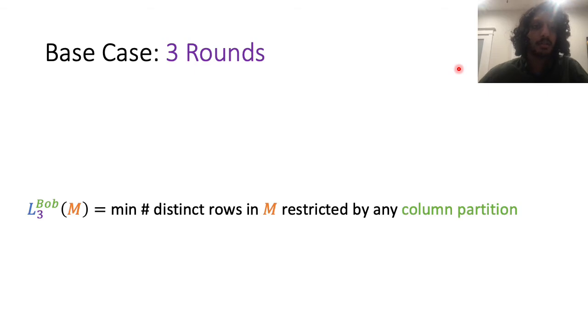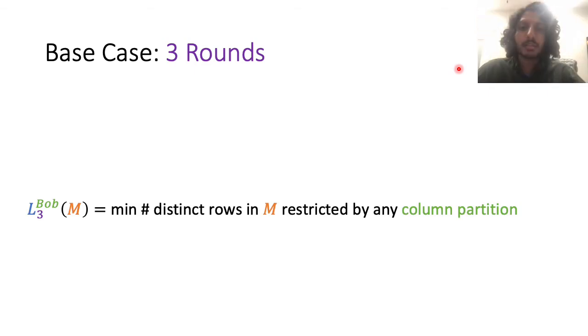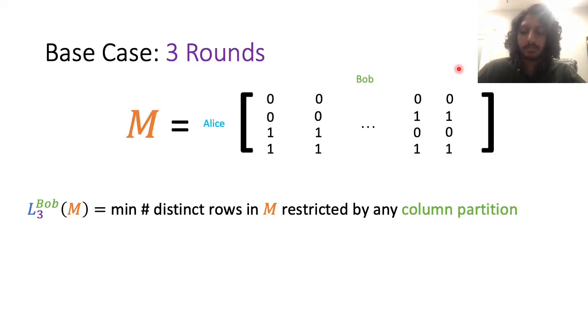And that leads us to the 3-round case. In the 3-round case, we also get a fairly simple, maybe a little bit more complicated, but not too complicated, combinatorial characterization. The characterization is as follows. If you have some matrix M, the 3-round communication complexity of M is determined by the minimum number of distinct rows in M when you're allowed to restrict by any column partition.